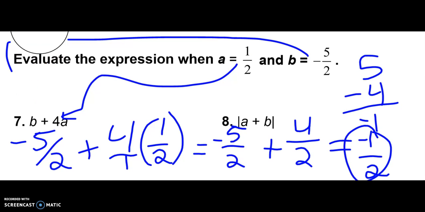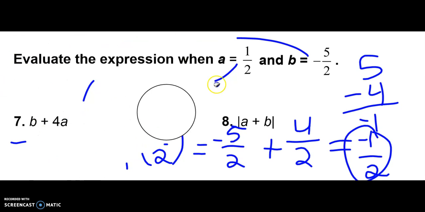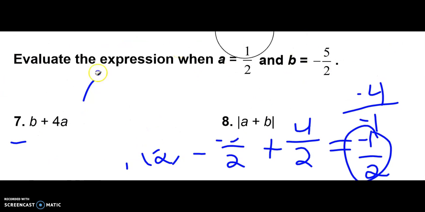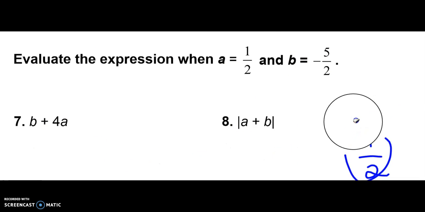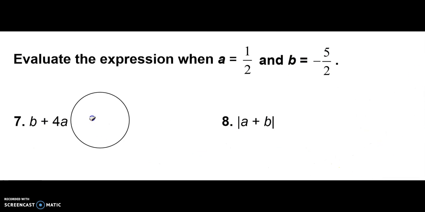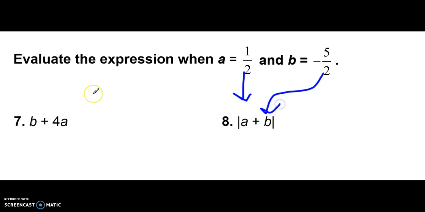Now, let's look at number 8. It says the absolute value of A plus B. A, again, is right there, and B right there.